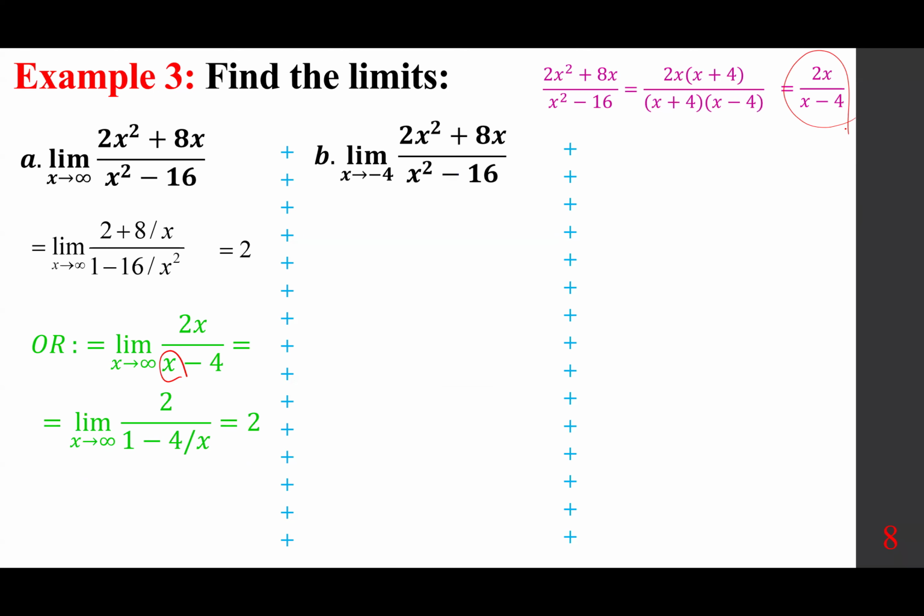Same question, this time x is approaching -4. By the way, if you plug in -4, you get 0/0. So the technique is factoring. We work with the simplified version, and you get the limit of this expression. Now if you replace the x with -4, you get negative 8 over negative 8, which is positive.